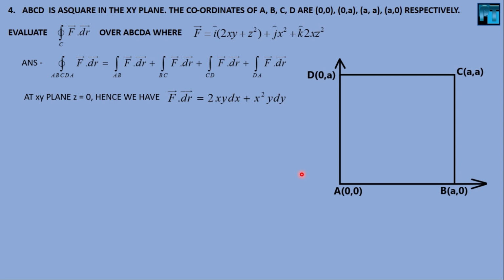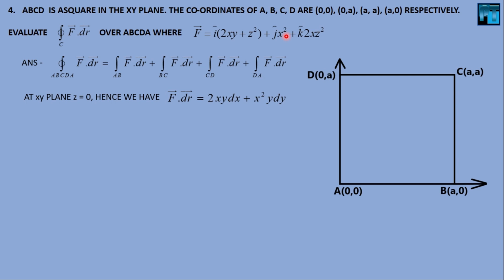Now, since this is in the xy plane and F has a z component, the z component is 0 for the xy plane. So the value of F dot dr is simply 2xy dx, this is 0, then x square. There is a printing mistake: there is a y missing.